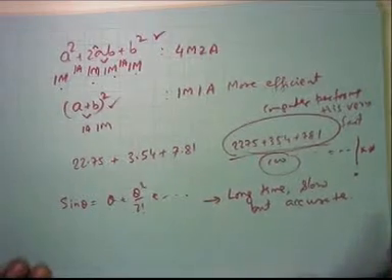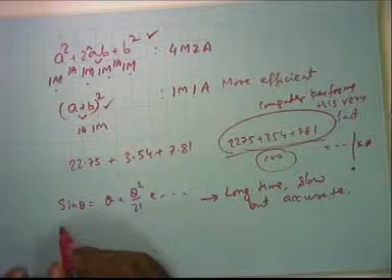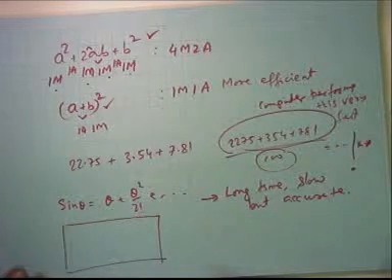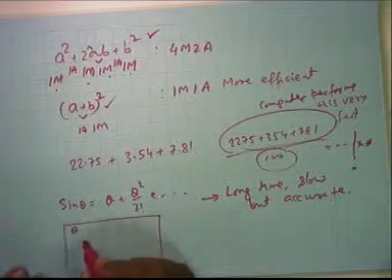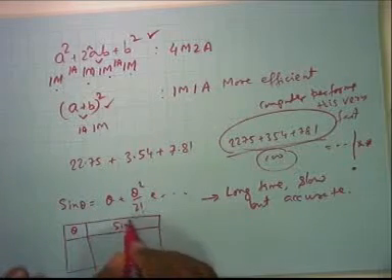Because the speed is very slow, which I want to increase, what I do is I make a table like this, theta versus sin theta.